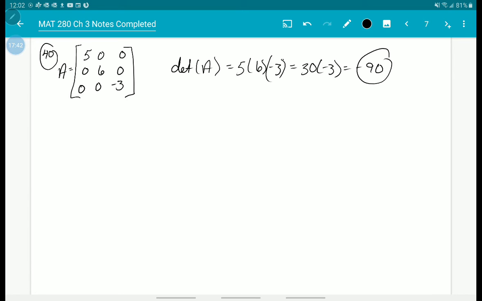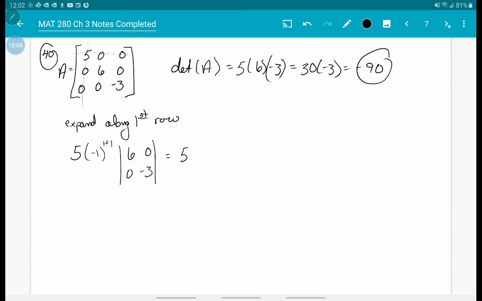Now let me show you. Let's say we wanted to expand along the first row. If we expanded along the first row, we're going to have 5 times negative 1 to the 1 plus 1 times the determinant of 6, 0, 0, negative 3.